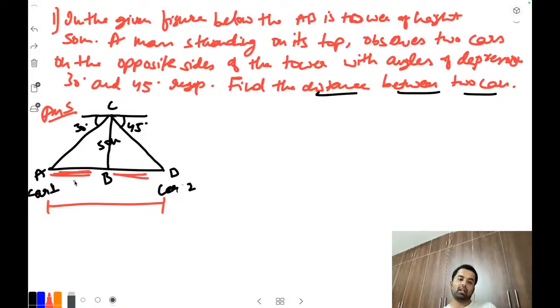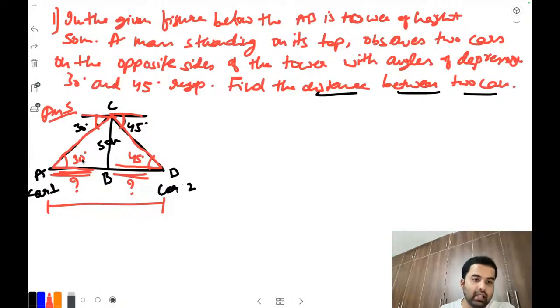But how to figure out AB and BD? Just a single concept we're going to apply here, the triangle concept. See the Z shape here. Z here is 45, so this becomes 45. Same way, opposite way here, is it Z? So this is 30, this becomes 30.